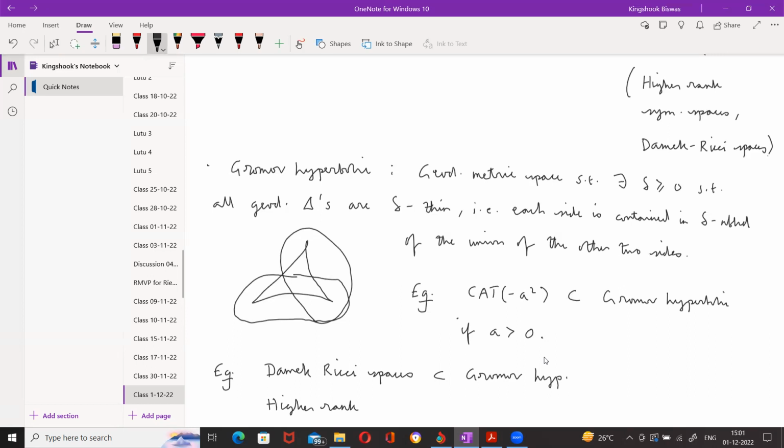And that is easy to see because these are not contained.